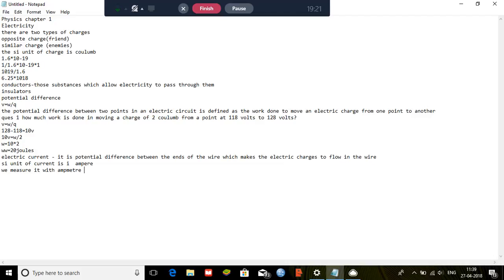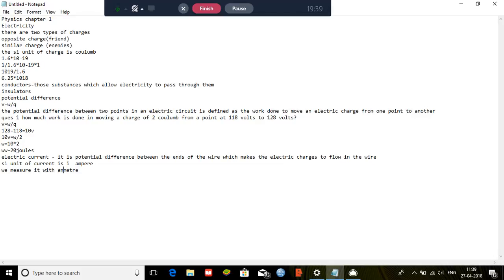Oh, I'm really sorry, that was a spelling mistake. We measure it with an ammeter, and the symbol of current is I, and the SI unit is ampere, right?